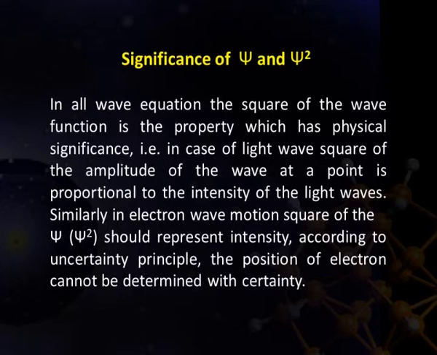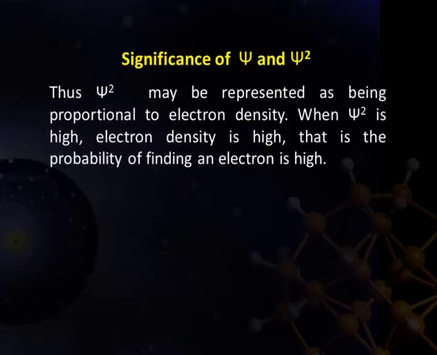Similarly, in electron wave motion, psi square should represent intensity. According to uncertainty principle, the position of electron cannot be determined with certainty. Thus, psi square may be represented as being proportional to electron density.